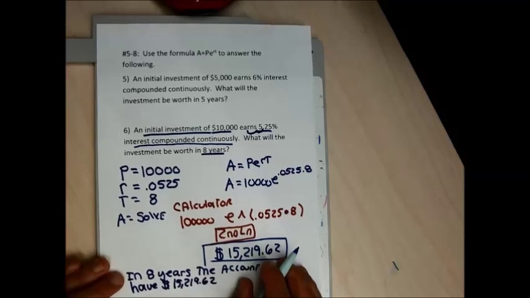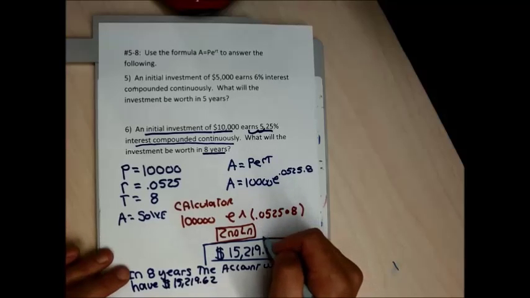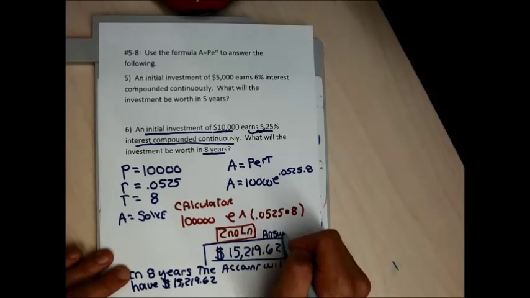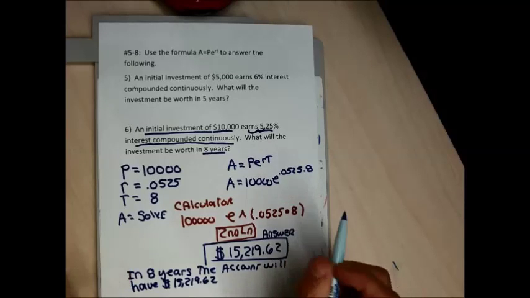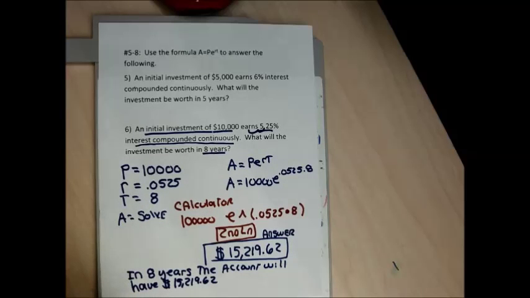So for these problems in this section, if I'm trying to find a dollar amount, I'm just going to write that dollar amount in a box with a dollar sign.